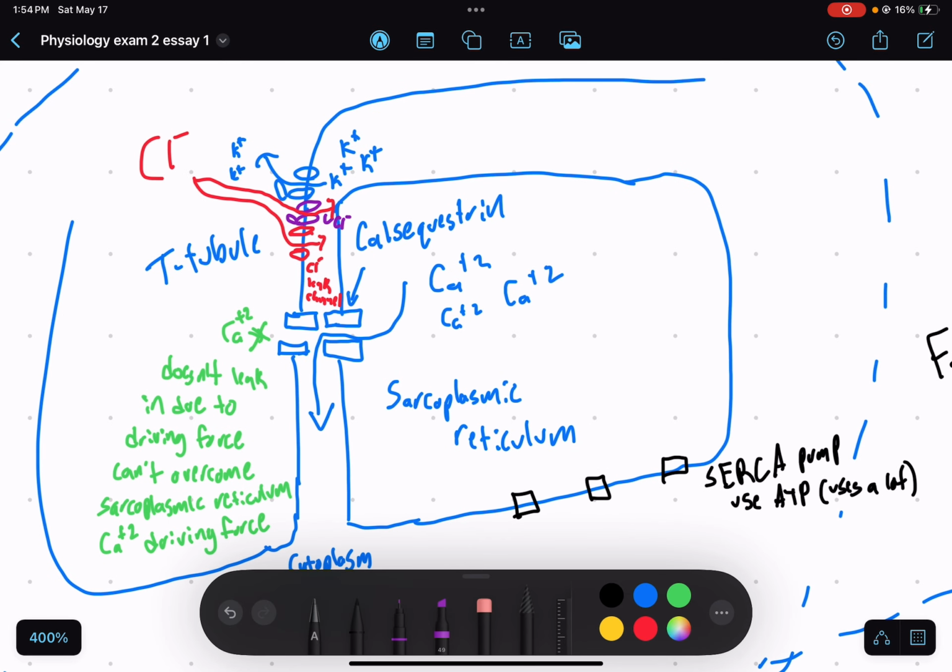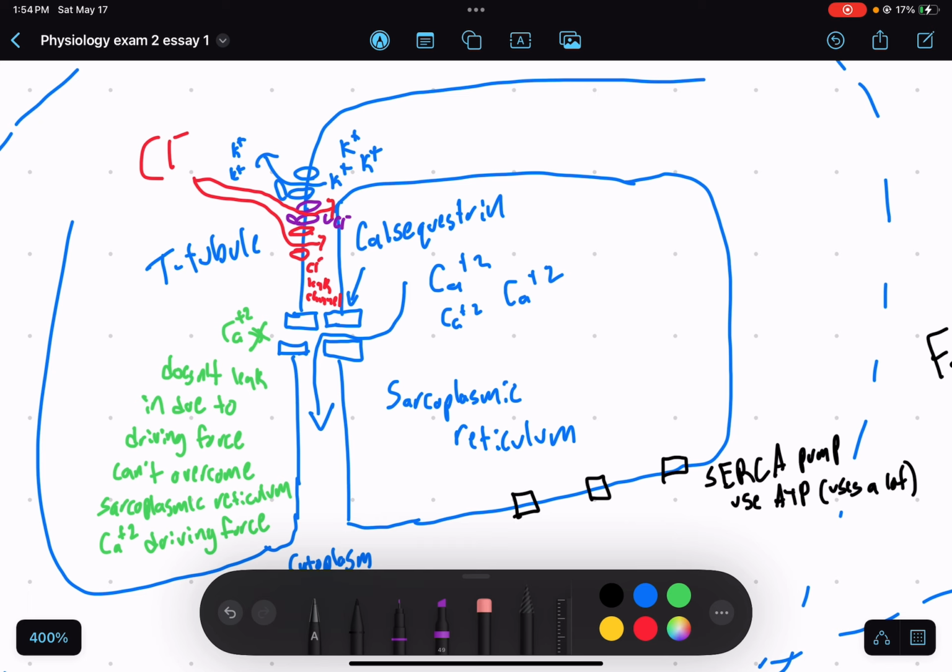Along these channels here, just a quick reference to make sure that we understand the structures of the T-tubule, you also have potassium channels that are allowing the flow of potassium out of the cell, and chloride channels flowing into the cell with those leak channels. The calcium is only going to flow from the sarcoplasmic reticulum into the cytoplasm.